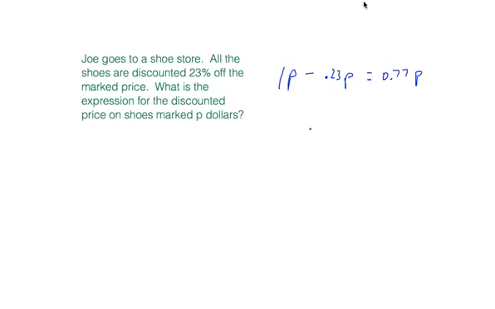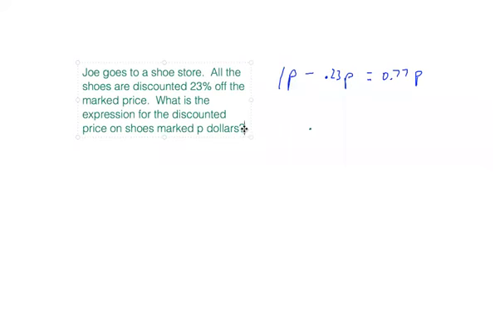Now let's look at another problem that might come off of this. Let's change this problem right here. Instead of this last part, what is the expression for the discounted price?